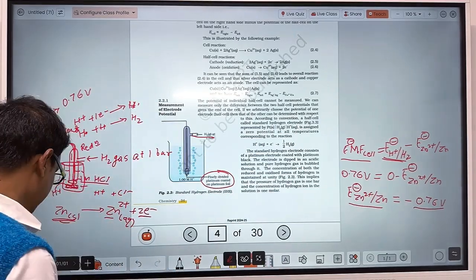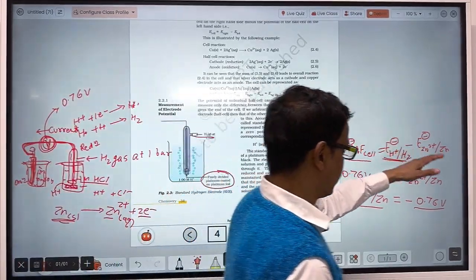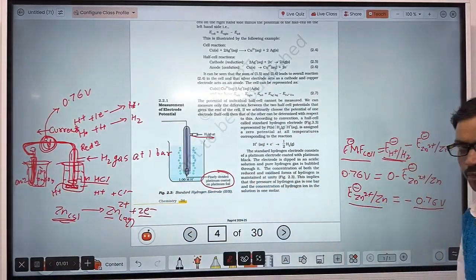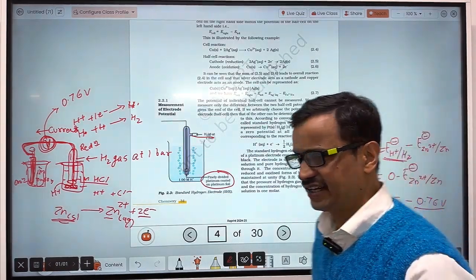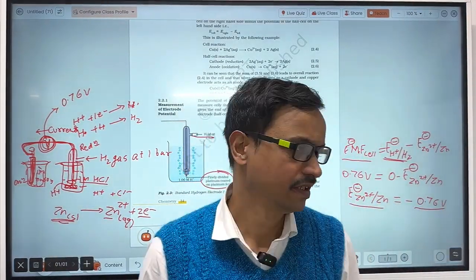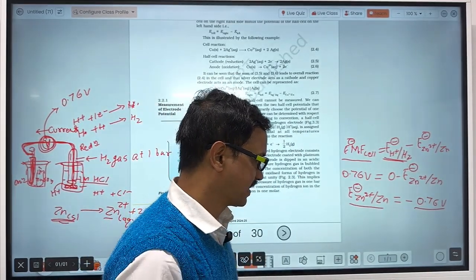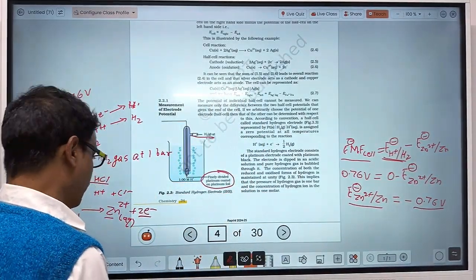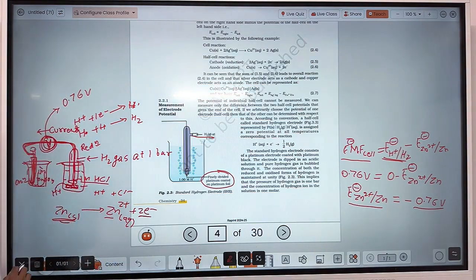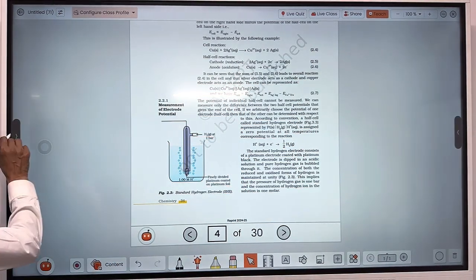Now, in the same way, we will calculate the standard electrode potential of copper. Right now we have discussed the standard electrode potential of zinc. Let's see how to do it.